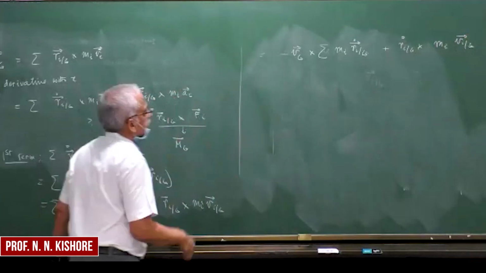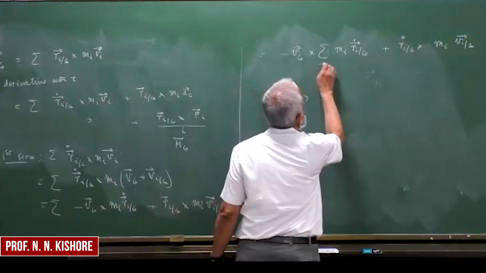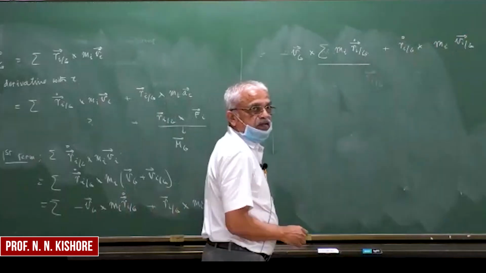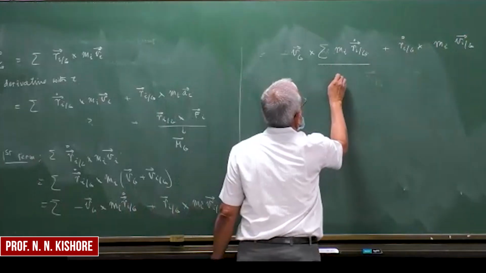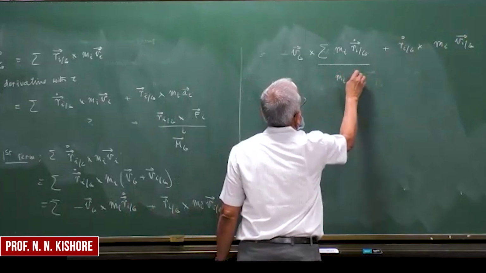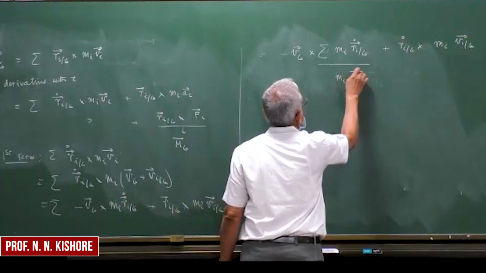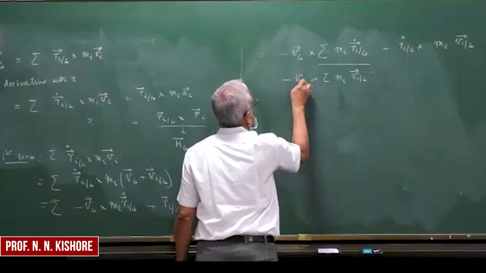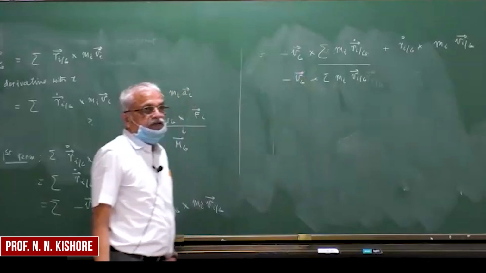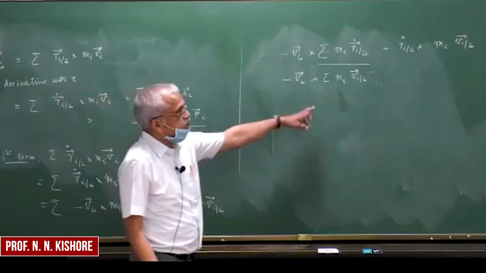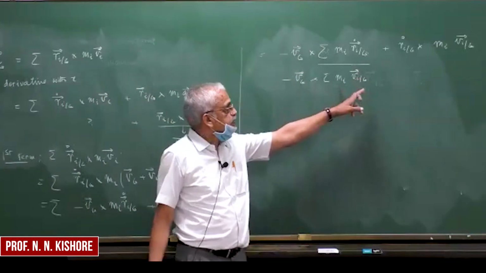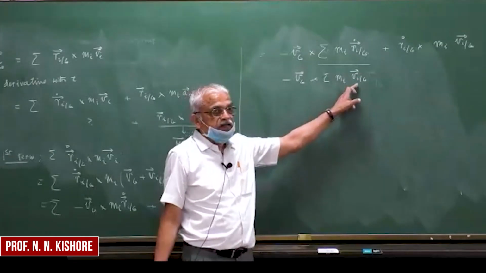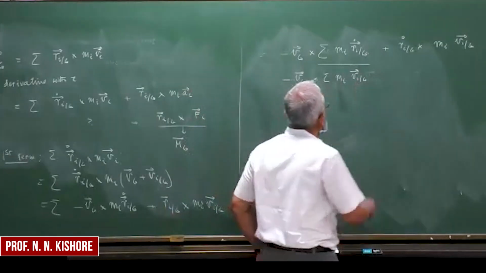There's a summation for the second. So what do you think of this one? So this is Mi, velocity of G. So in the definition of center of mass, we have defined this is nothing but velocity Vig.